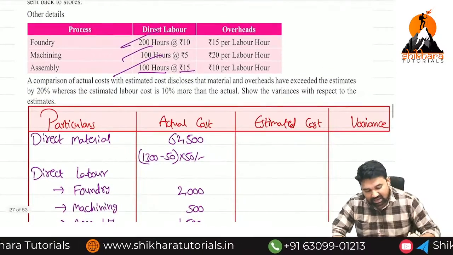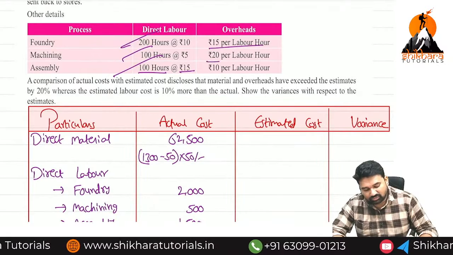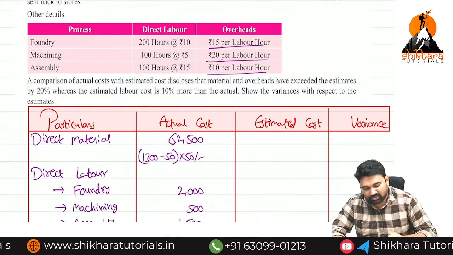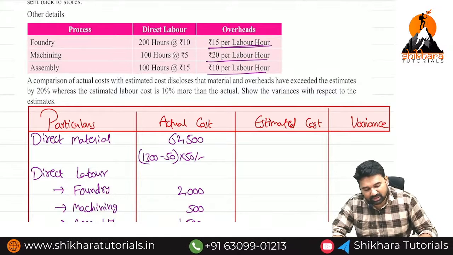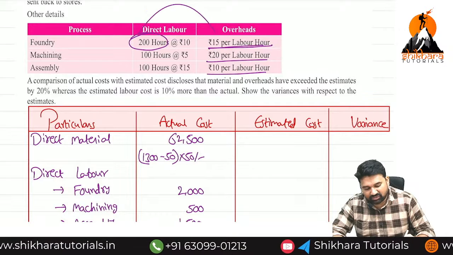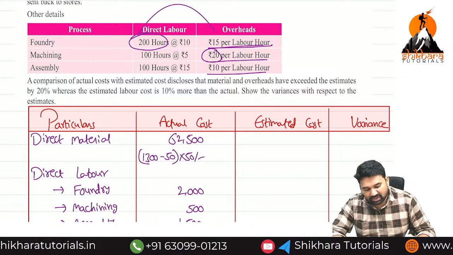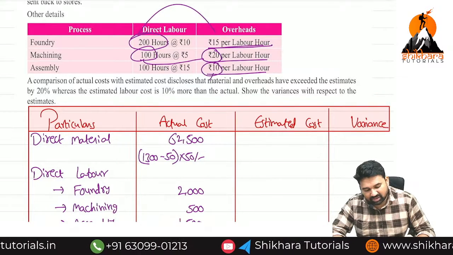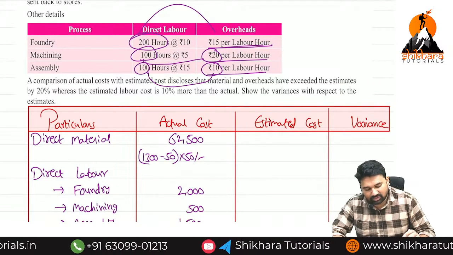And next we have overheads also. Overheads are 15 per labor hour, with 200 labor hours. That means 200 into 15. Then 20 per labor hour for 100 hours, and 10 per labor hour for 100 hours.